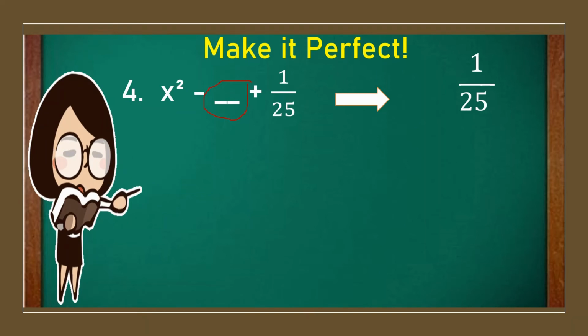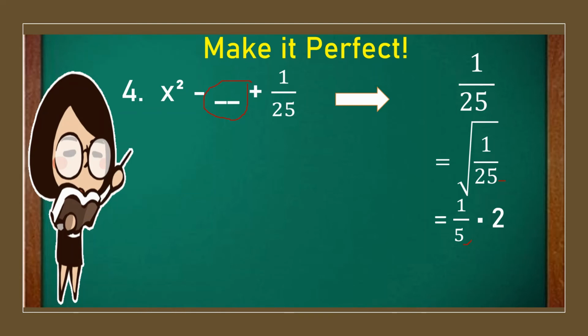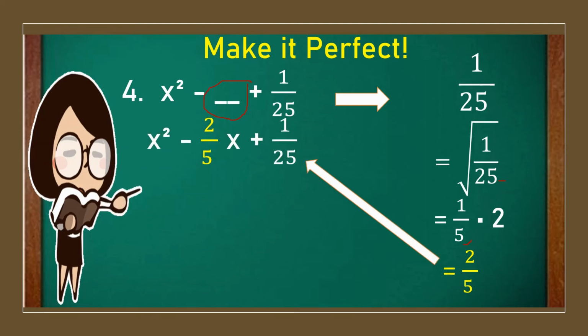What is the square root of 1 over 25? Square root of 1 is 1, and square root of 25 is 5. Then after that, multiply it by 2. 1/5 times 2, you will get now 2/5. Yes, guys, that is the middle term. Our perfect square trinomial now is x squared minus 2/5 x plus 1 over 25.